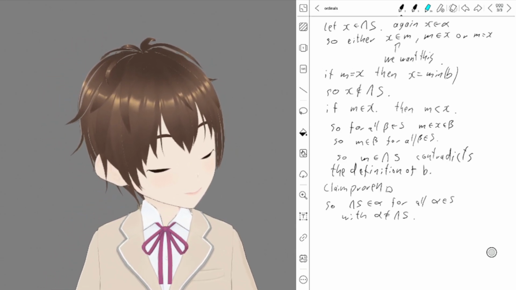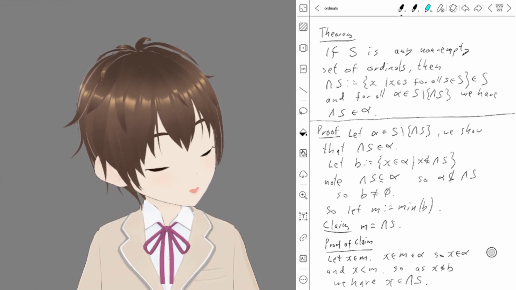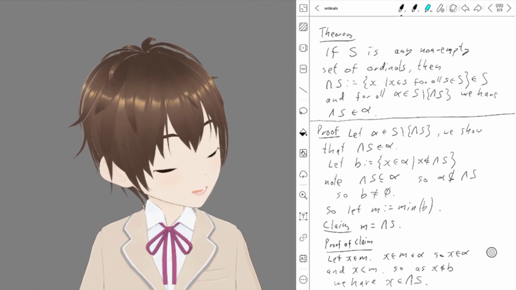Okay, so what did I want to prove? I wanted to show that the intersection was in alpha for all things other than the intersection.